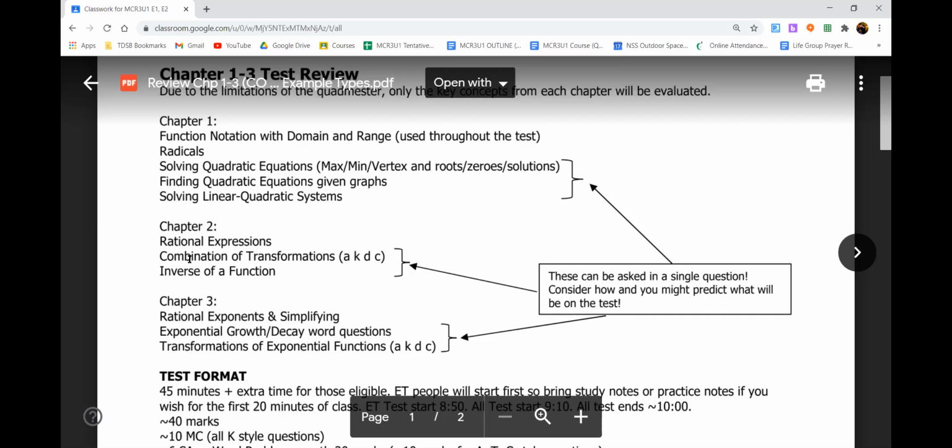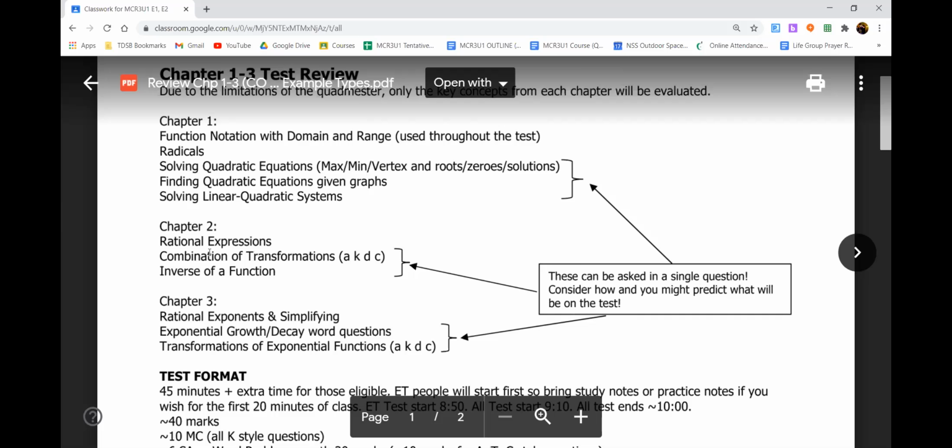Going once, going twice. Maybe I might ask you to find an inverse of a function and then transform and then tell me the transformations. Or find the inverse of a function and then ask you to graph it. So things like this that you might want to consider.